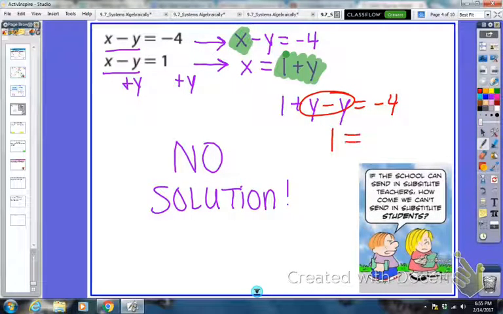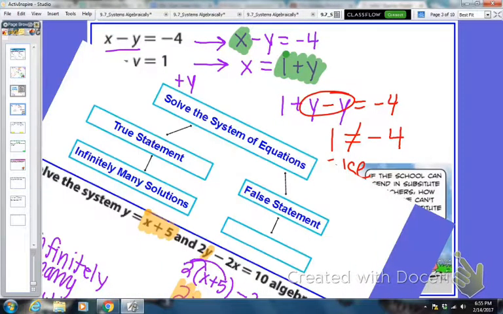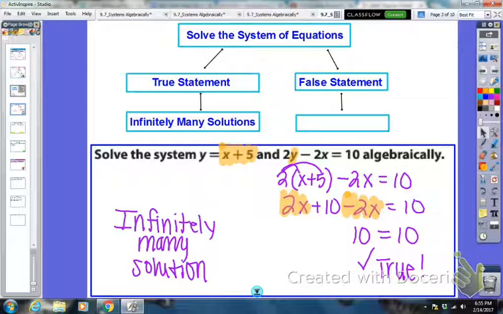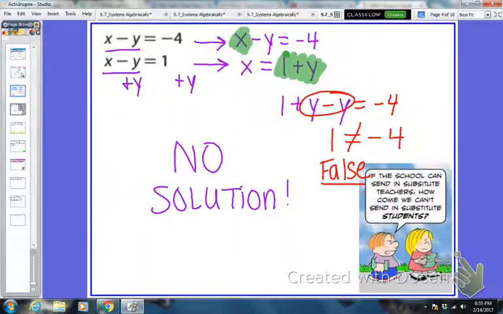So you have 1 is equal to negative 4. Well, we know that that is false. So when you get a false statement, like I said, it is no solution. So if I had to graph this one, it would be the one that has parallel lines because they never intersect. So a true statement is infinitely many, false statement is no solution. And this happens when your variable term dropped off and you only had numbers at the end and you had to determine whether they were true or false.